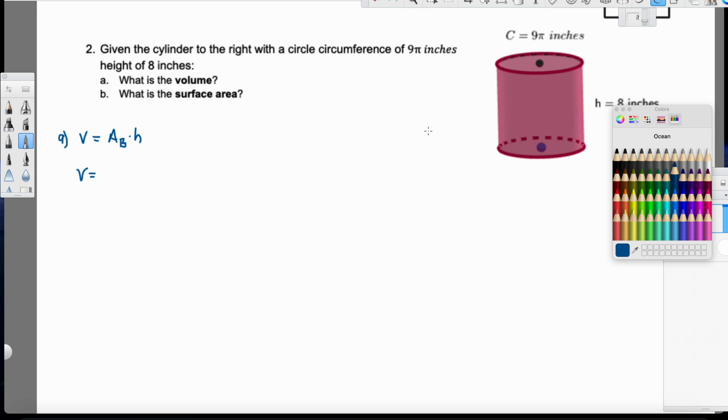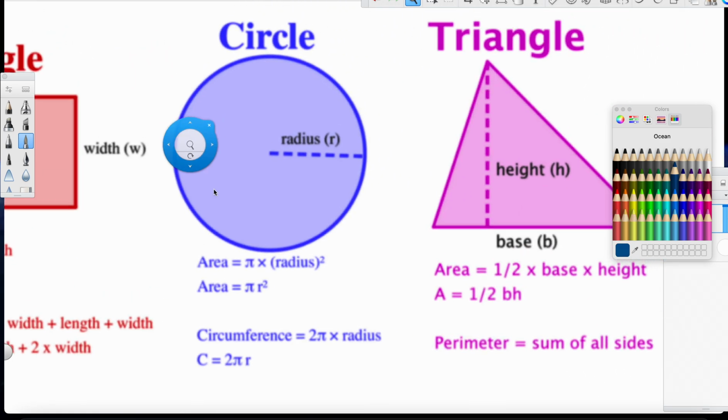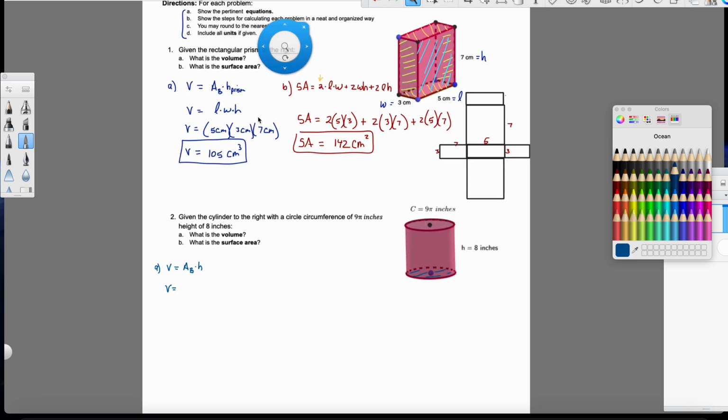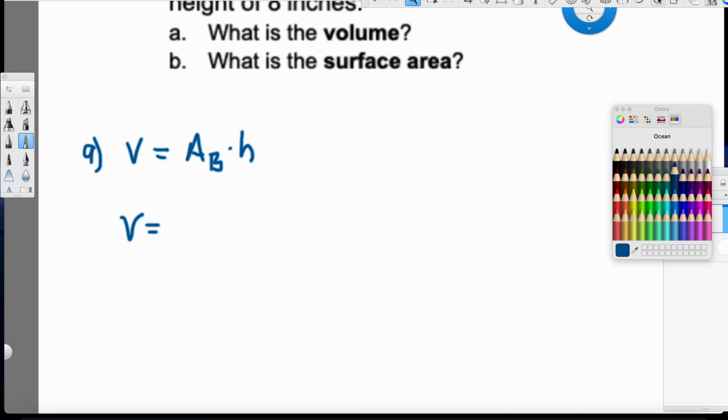And the area of this base shape, what is this shape right here for a cylinder? It's a circle, right? So the area equation for a circle is pi r squared. So I got pi r squared times h.